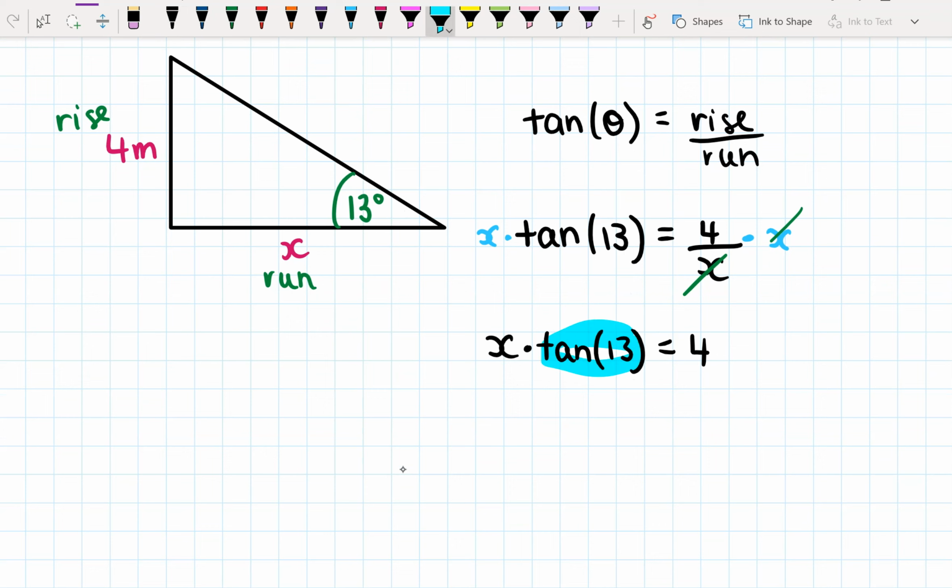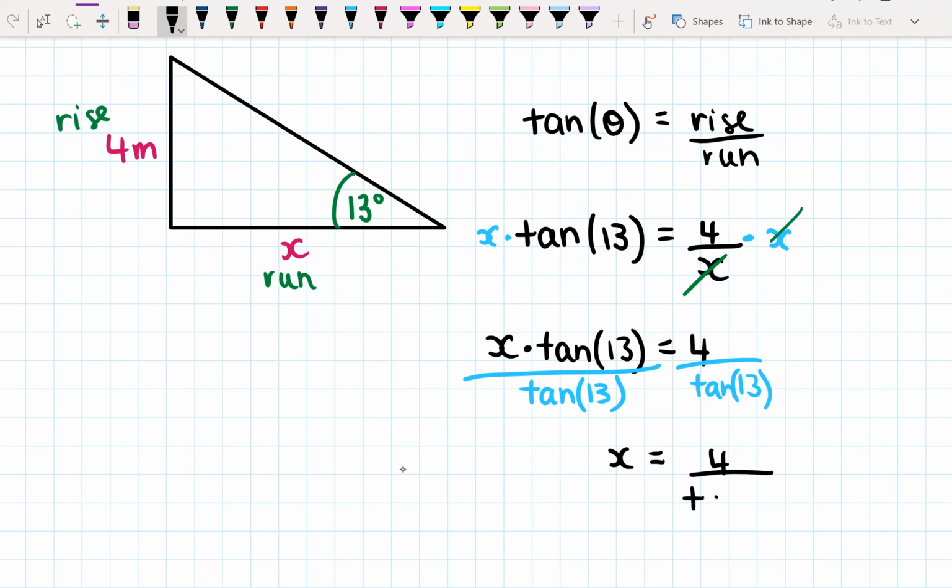So we want to get rid of all of this. Now, this is multiplied by x. The opposite of multiply is to divide. So we're going to divide both sides by tan 13. Okay, and then we end up with x is equal to 4 over tan 13.